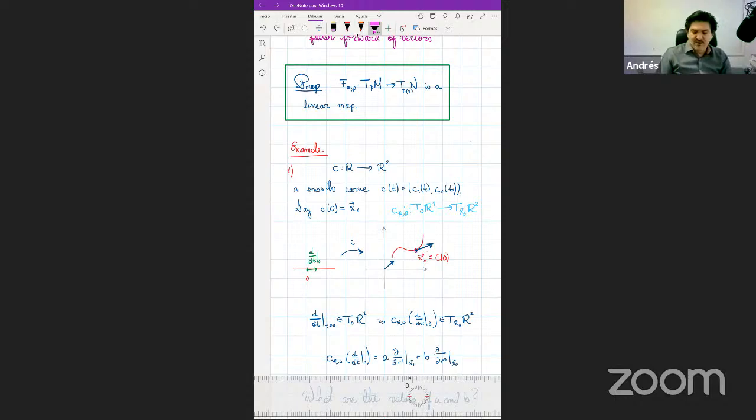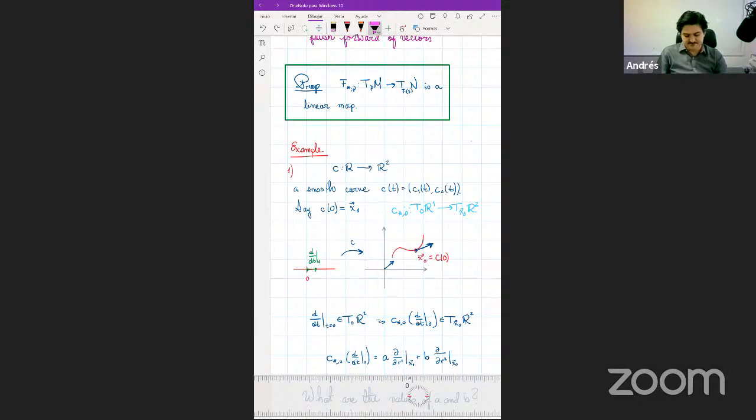But there, remember from yesterday that we have a basis for that vector space. This is one generator and this is the second one. So I know that this vector lives in that vector space. I have a basis, so I only need to know what is A and what is B. Those two real numbers.